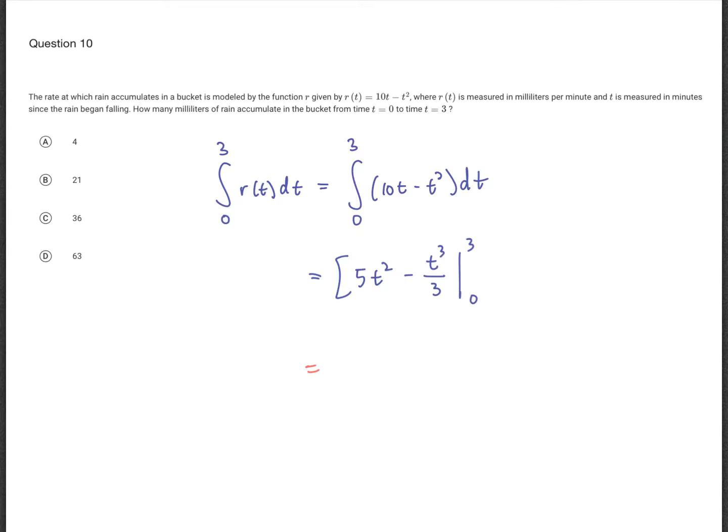Okay, so we'll plug in 3 and then plug in 0 and subtract. If you plug in 0, this just equals 0, so we won't bother with that. So we'll just plug in 3. So that'll be 5 times 9 minus 27 over 3. 45 minus 9. That's 36.